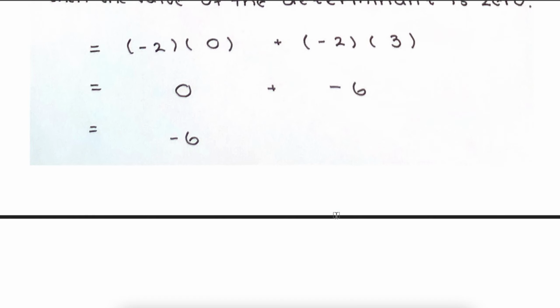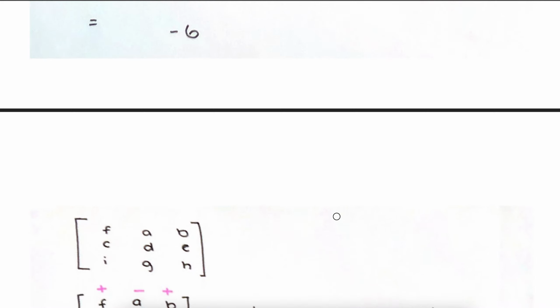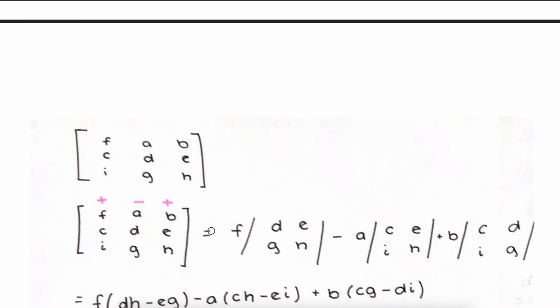And then for part B, here we're given matrix f, a, b, c, d, e, and i, g, h. And to find the determinant of the matrix, I went ahead and used the cofactor expansion method of solving the determinant. So here I have the plus, minus, plus on top.